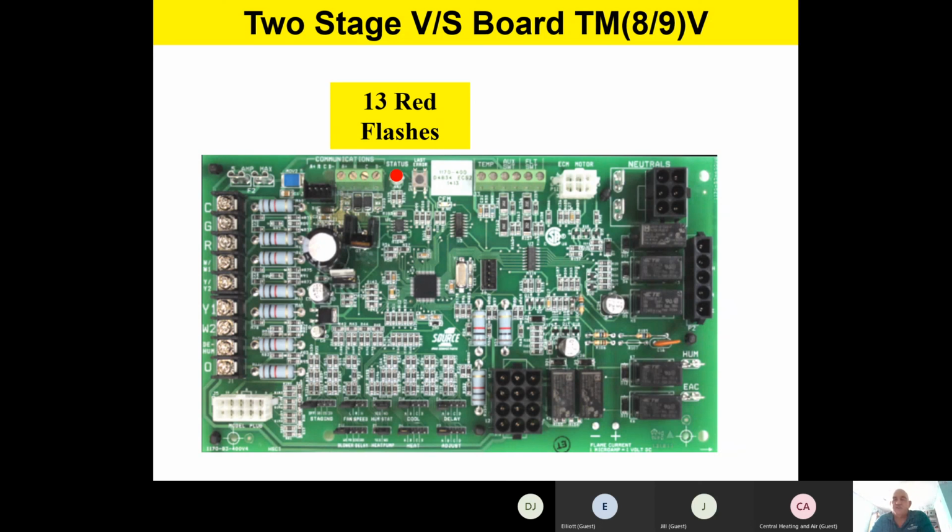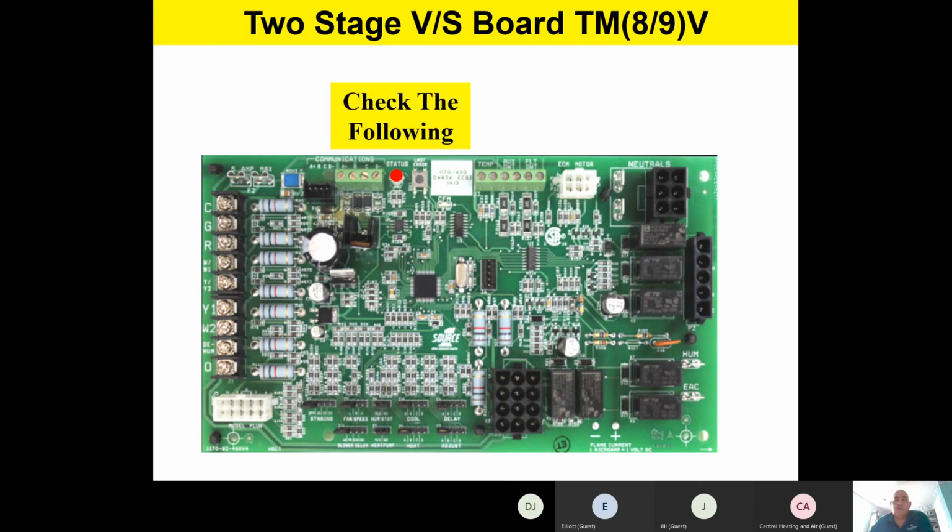Then it'll pause for about 2 seconds, and then it'll keep repeating itself. Flash 13 times, pause for 2 seconds, flash 13 times, and so on. So when you're reading those flash codes, team, remember there will be a pause of 2 seconds in between those series of flashes. In this case, we've got 13 flashes, page number 22 on your handout or your workbook.